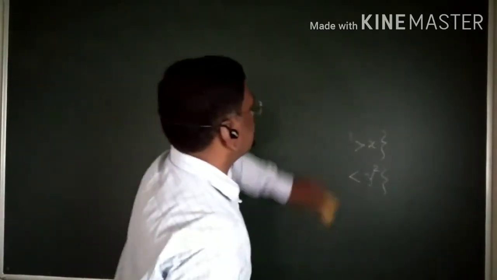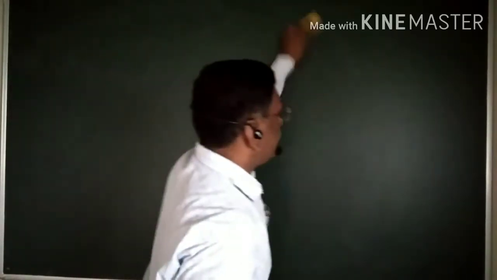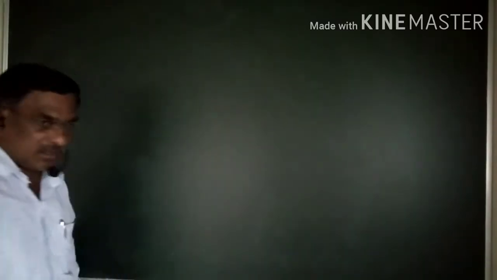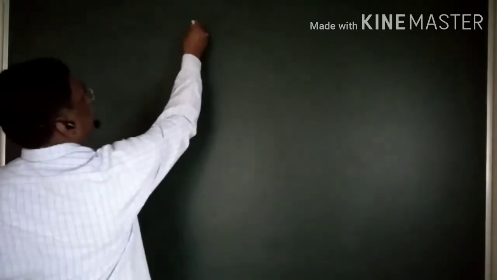We know that y square equal to x is a parabola, and therefore the sketch of this one is like this.